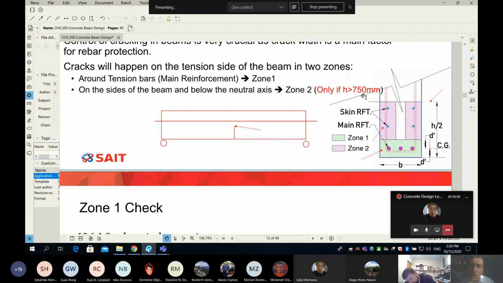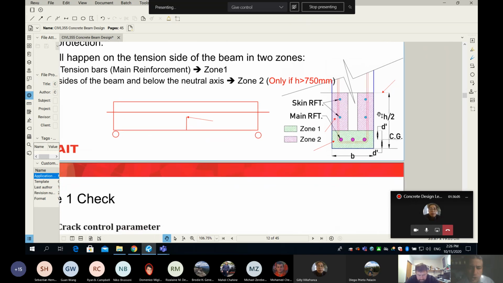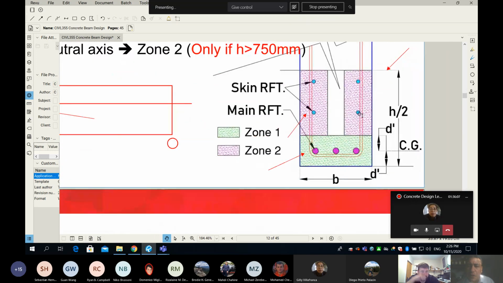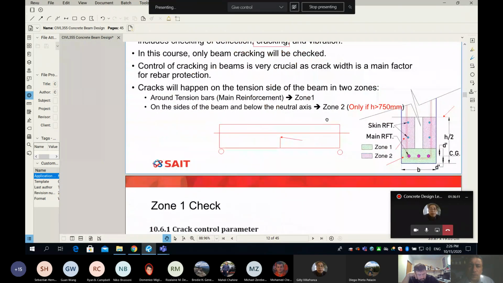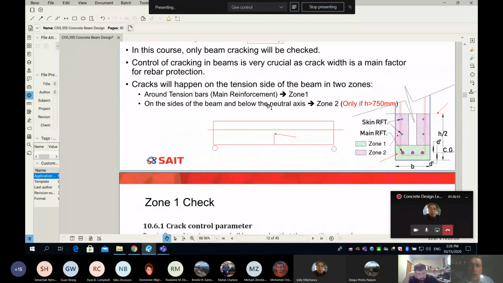If your beam is anywhere less than 750 mm, it means your beam is not that deep, and this area is minimal and doesn't require any check from us. So zone number 2, we will read this in the code, we do it only if h is more than 750. If my beam is 800 or 850 or 900, then we have to check zone number 2. Zone number 1, we will do no matter what.